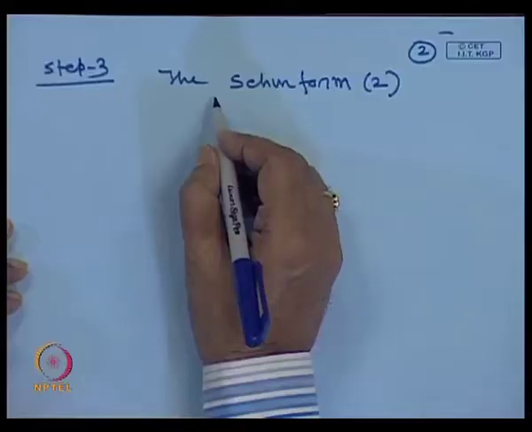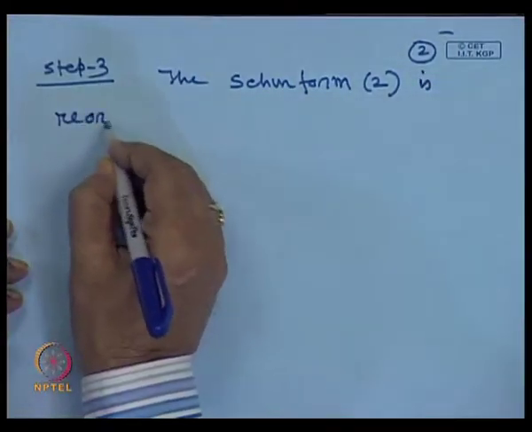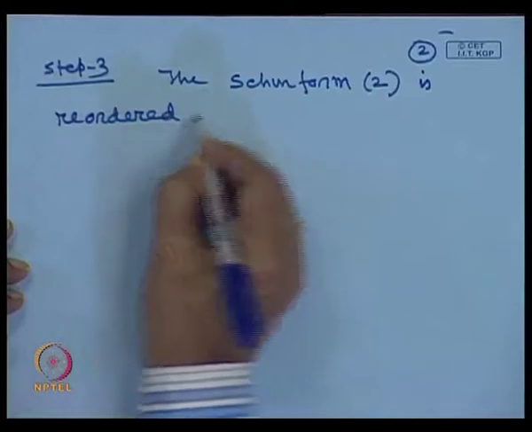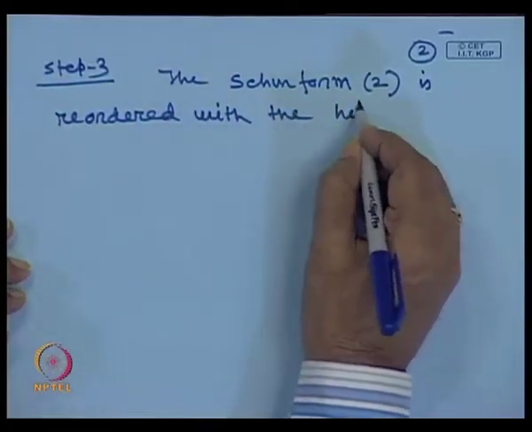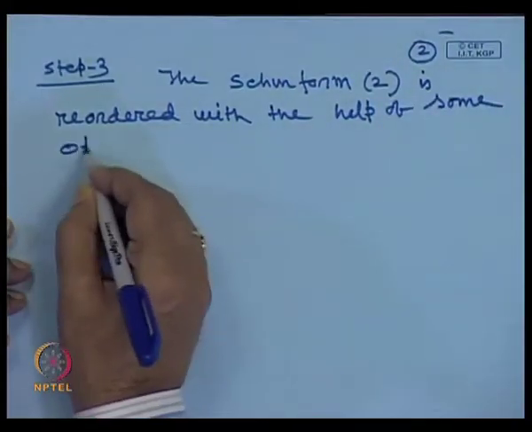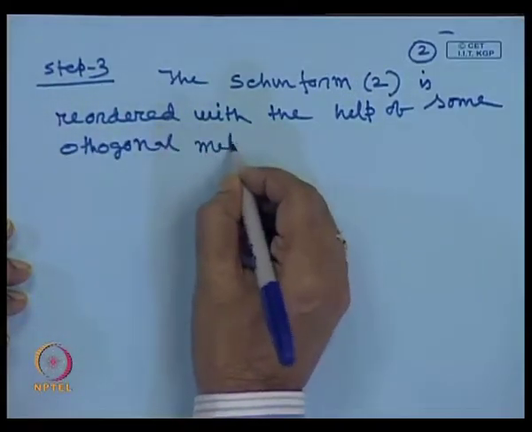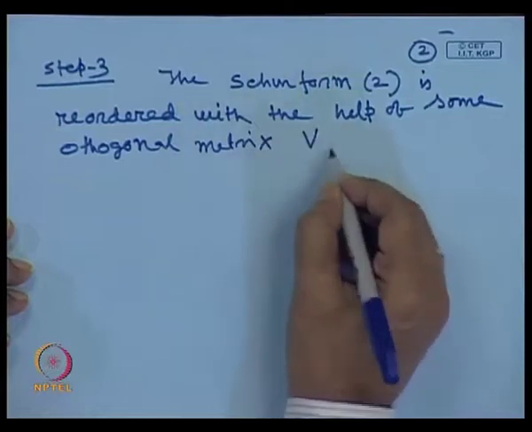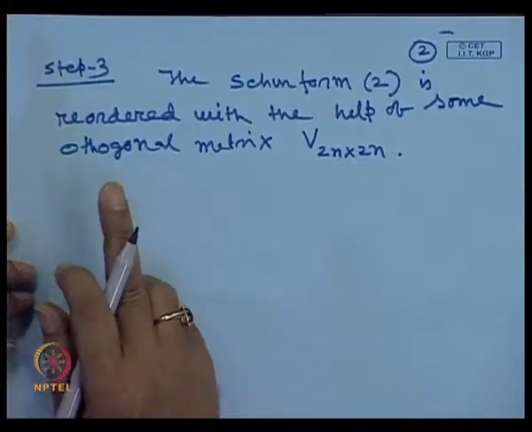So the Schur form 2 is reordered with the help of some orthogonal matrix B, whose dimension is 2n into 2n, because HM has dimension 2n cross 2n.